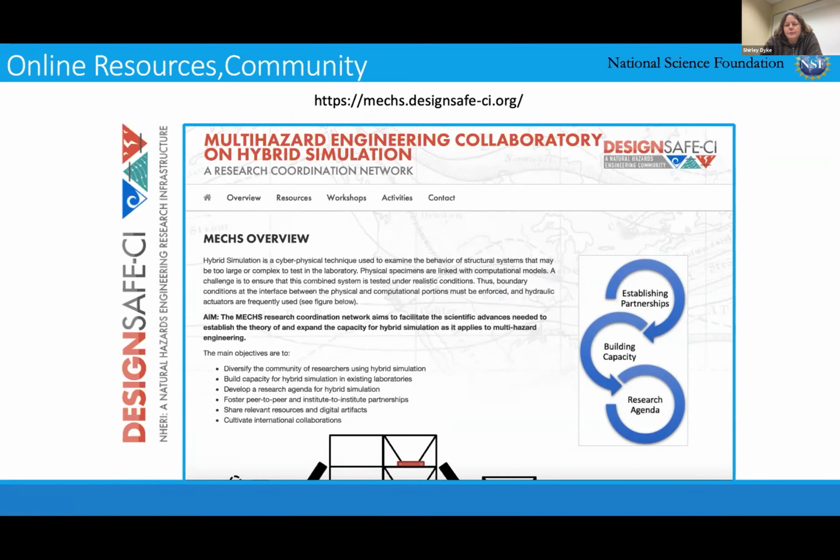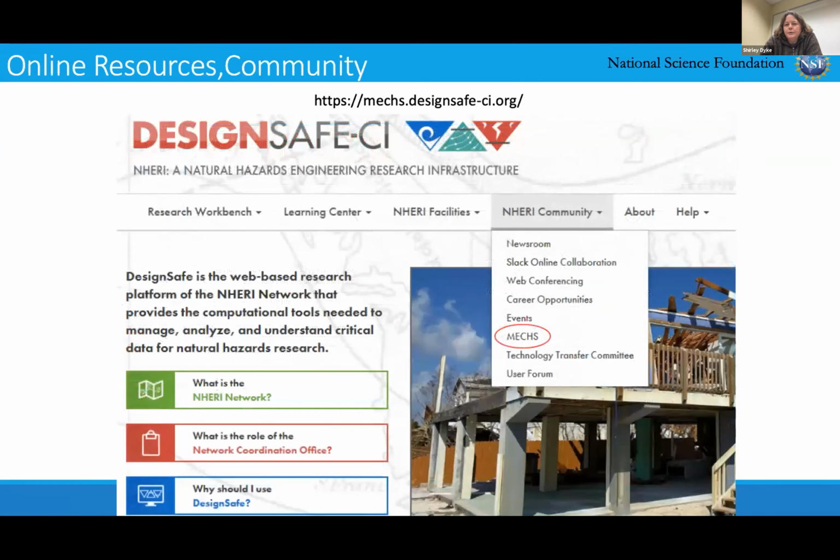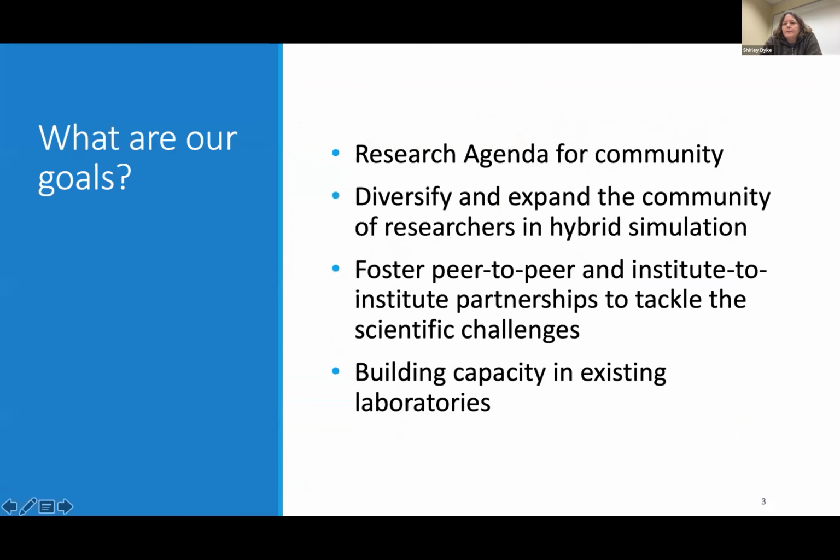The website address is at the top of this page, but you can get there through this menu from DesignSafe as well.